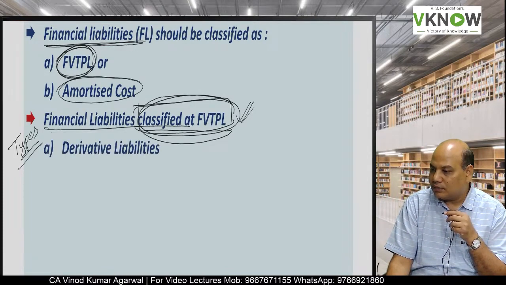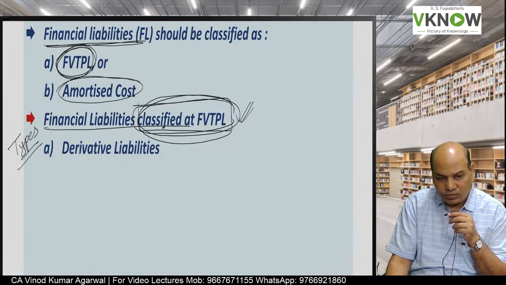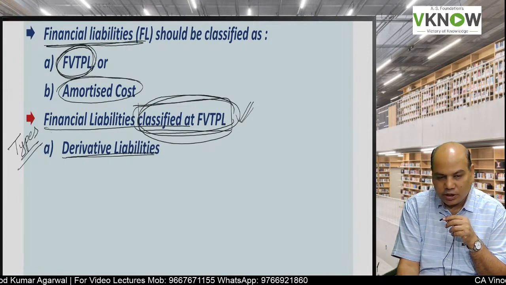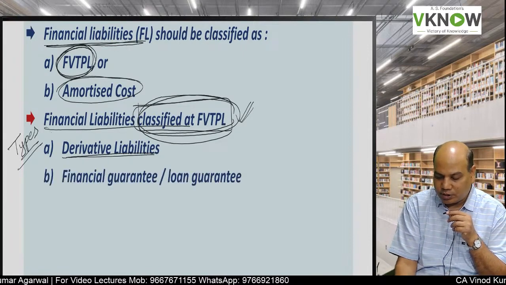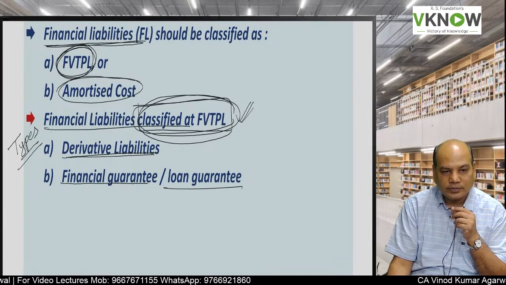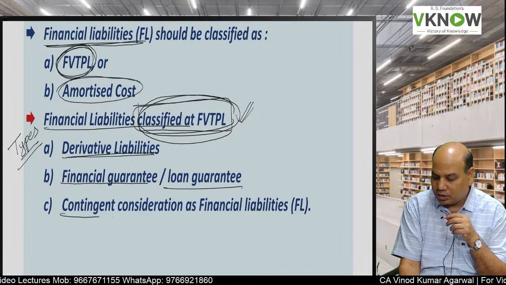So which are the financial liabilities which will always be treated as FVTPL? Derivative liabilities will be treated as FVTPL. Financial guarantee and loan guarantee contract will be FVTPL.